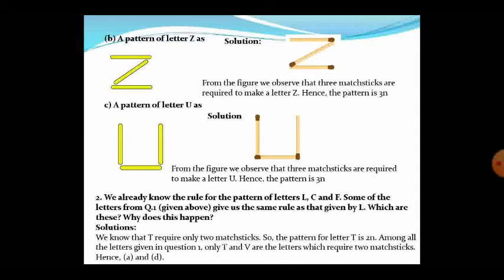You have to say now. We know that T requires only 2 matchsticks. The pattern for letter T is 2N. Among all the letters given in the question, T and V are the letters which require 2 matchsticks, and A and D. See which letters are the same, that is T and V.